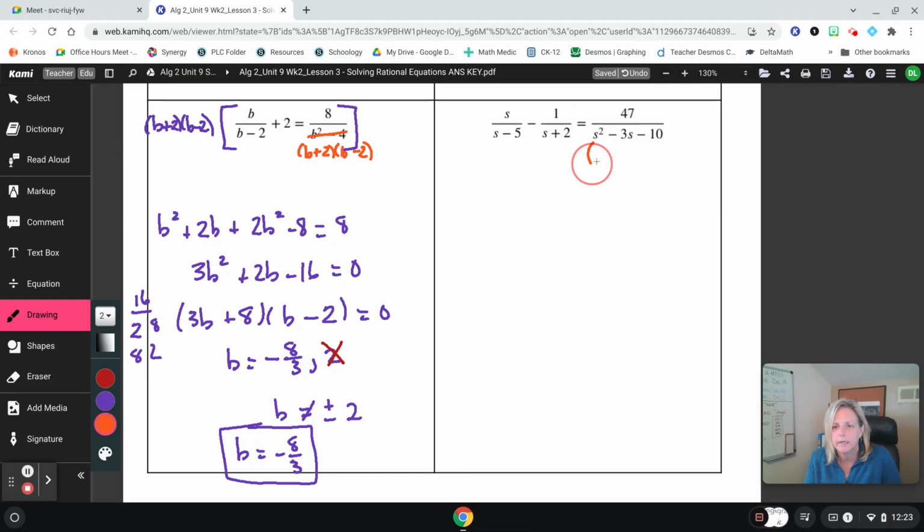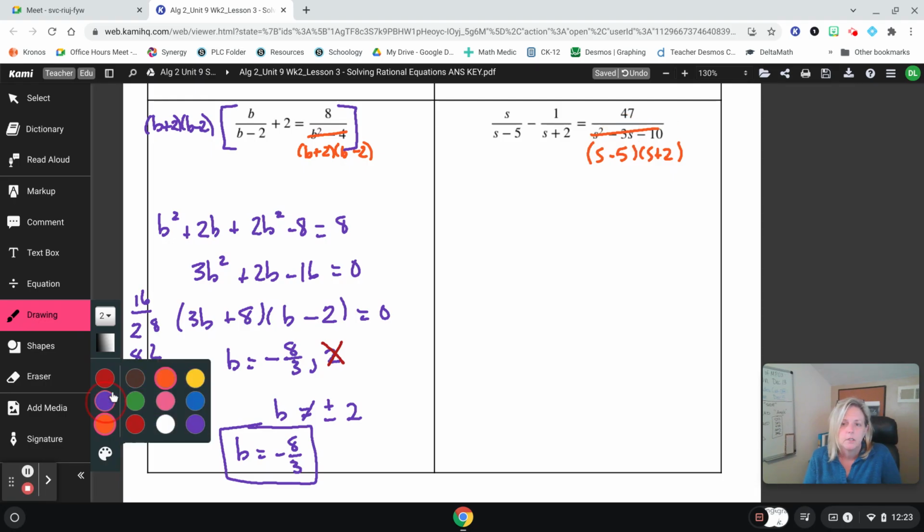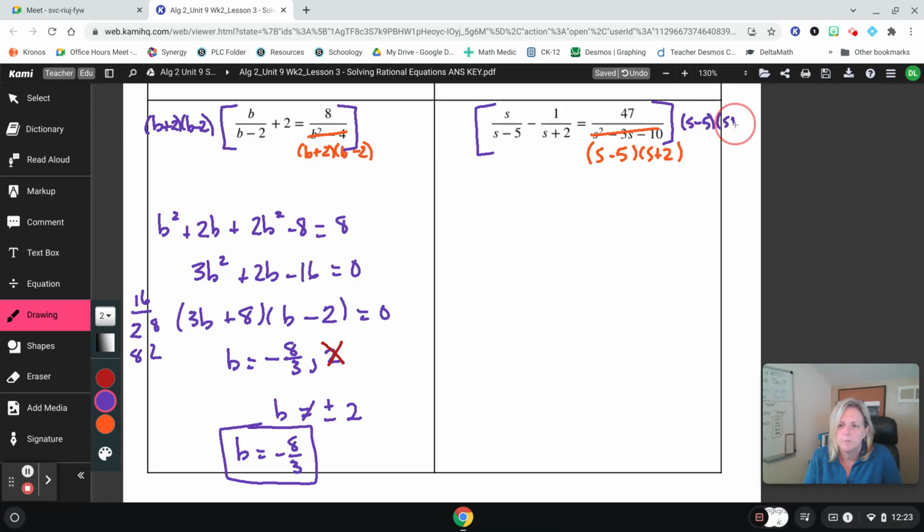Okay, this other side, let's go ahead and factor this and see what this breaks down into. We're going to have s and s, and it looks like it's going to be a negative 5 and a positive 2. Notice that's what I have over here as well. Again, I'm just going to distribute by my LCD, s minus 5 times s plus 2. Over on this first set, I'm missing the s plus 2.